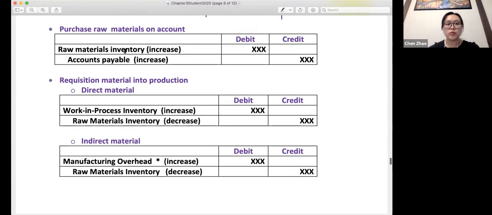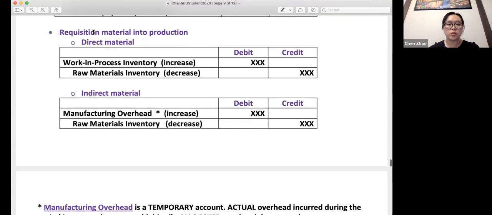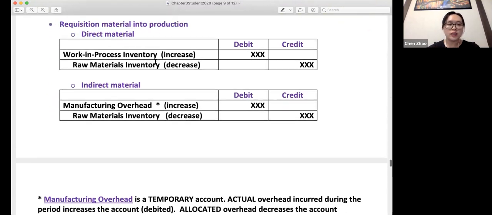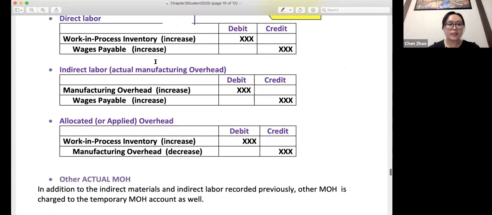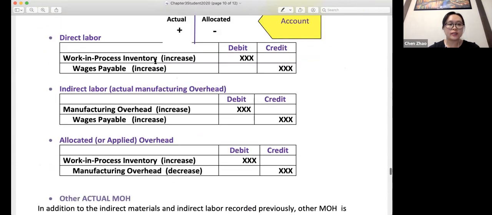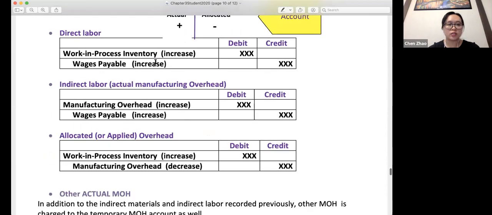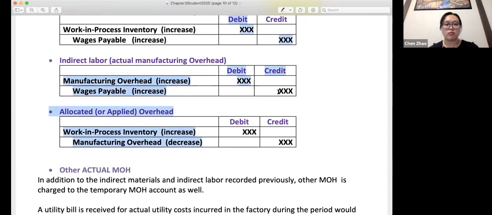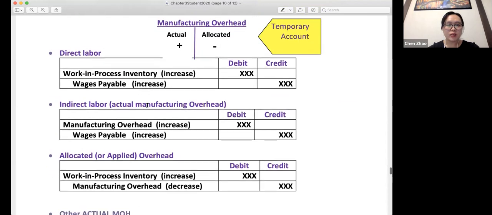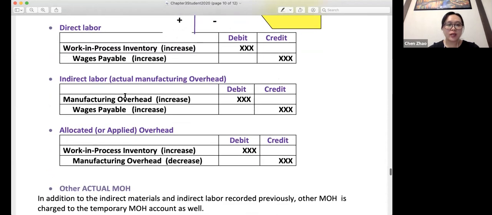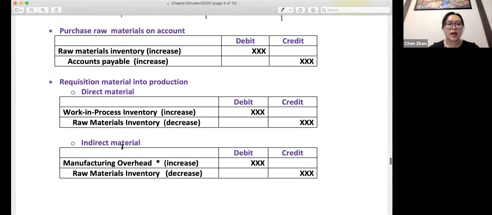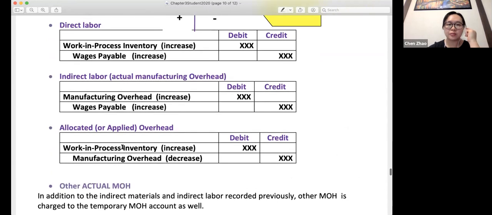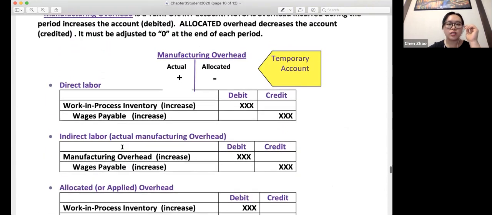What do we do when we purchase new material, and then what do we do when we record all these costs to be used. And especially what is tricky is you must pay very, very close attention to how to record this manufacturing overhead, okay? And when is it allocated or actual? Like I said, I went over this in the chapter 3 video. I don't want to go over it again. Do you have any specific questions about these journal entries?